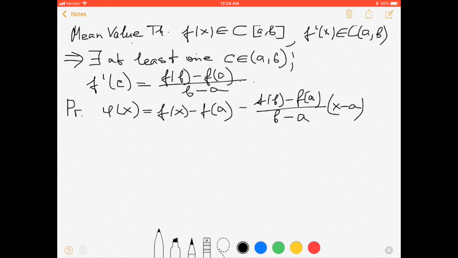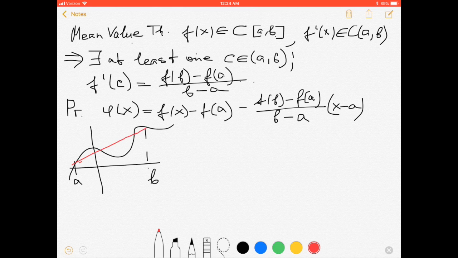What kind of function do we have? For example, if you have some function like this, this is your point a, this is your point b, then function phi will be the line which connects these two points. This is phi(x), and the black one is f(x).